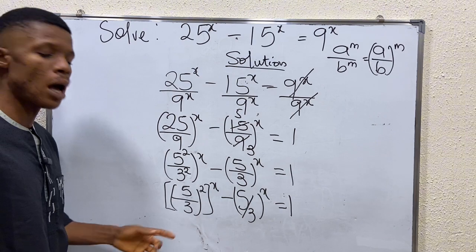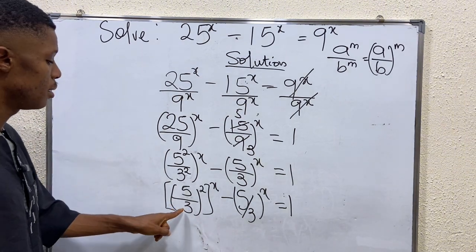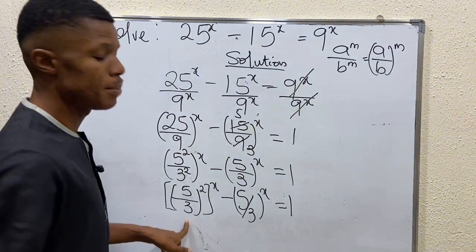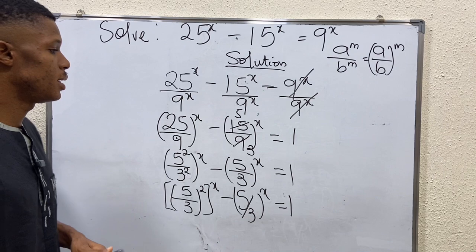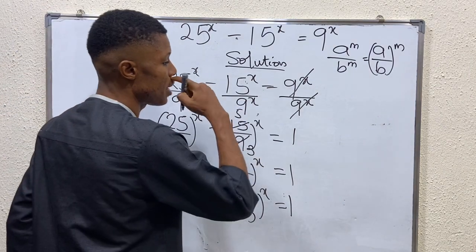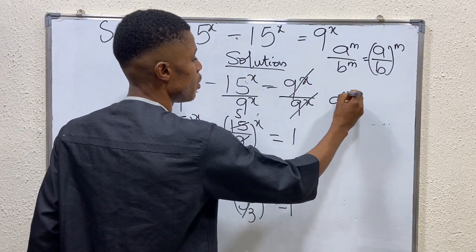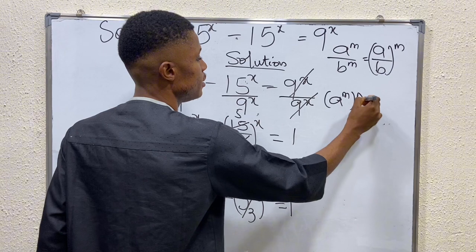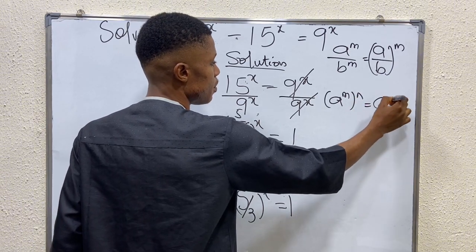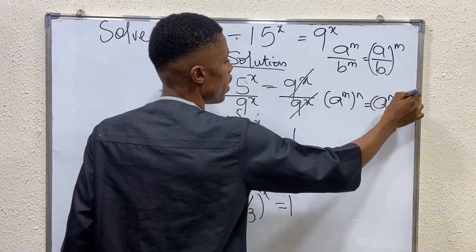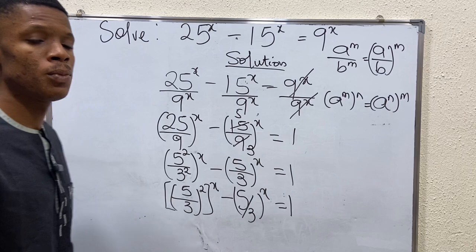So you can also apply some laws of exponents here to simplify this one, which says that whenever you have a to the power of m raised to power n, you can still write it as a to the power of n raised to power m. The order is never a problem.